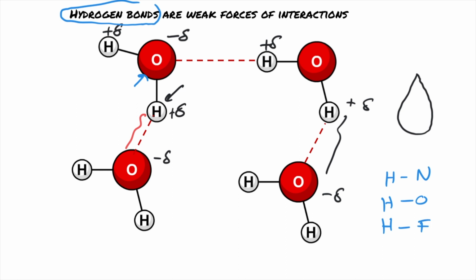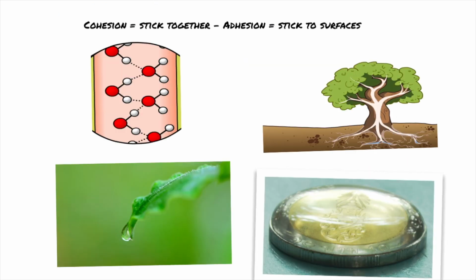But we're not really interested in the fluorine part because we don't have fluorine in biology a lot. But think about it this way: whenever hydrogen is attached to a nitrogen or oxygen, the hydrogen in one molecule will attract to an oxygen in a neighboring molecule, and this is known as the hydrogen bond. Hydrogen bonds are quite important for life in many ways.